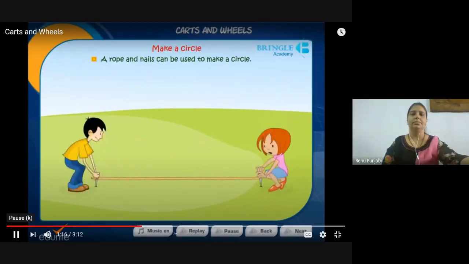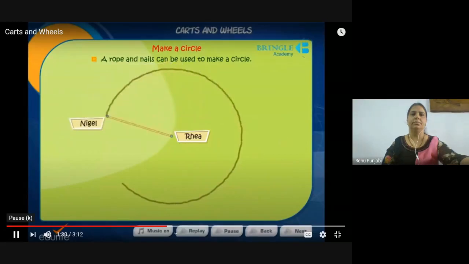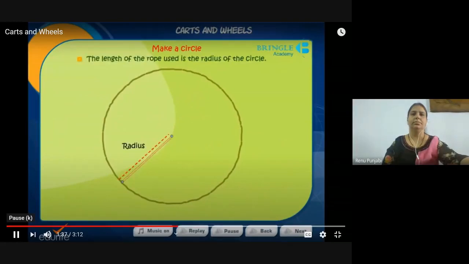Ria has pushed the nail into the ground. Nigel is holding the stretched rope in line with the ground. He is dragging the nail around Ria to form a circle. And here the circle is formed. The length of the rope is the radius of the circle.